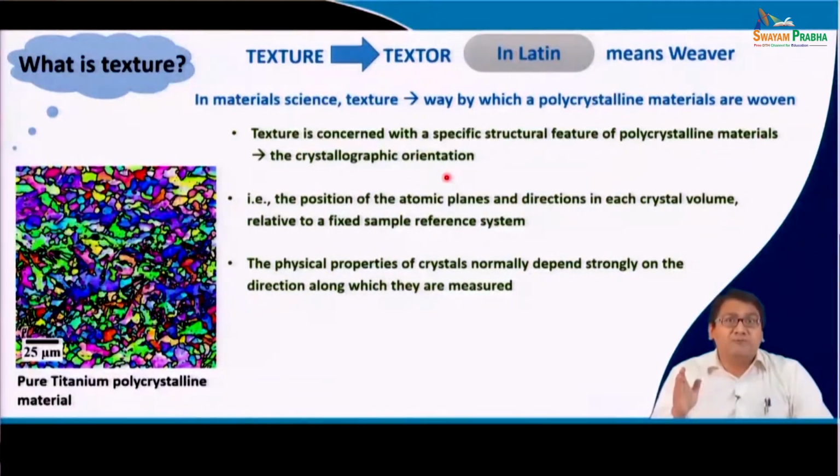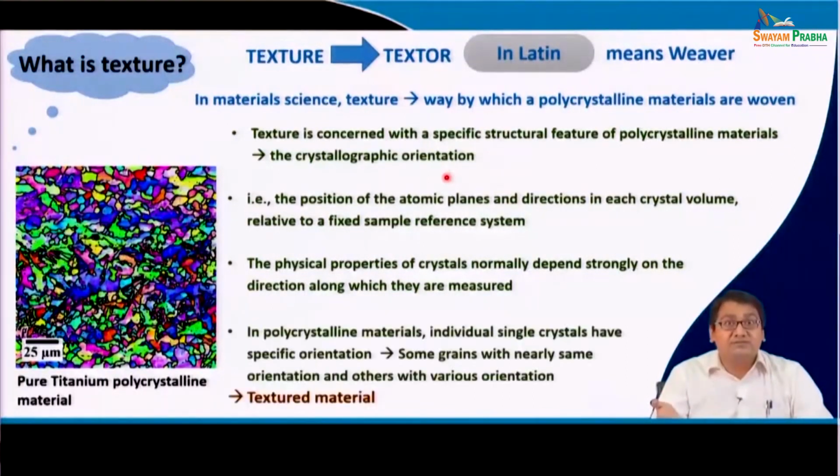The physical properties of crystals normally depend strongly on the direction along which they are measured. In a polycrystalline material, individual single crystals have specific orientations.